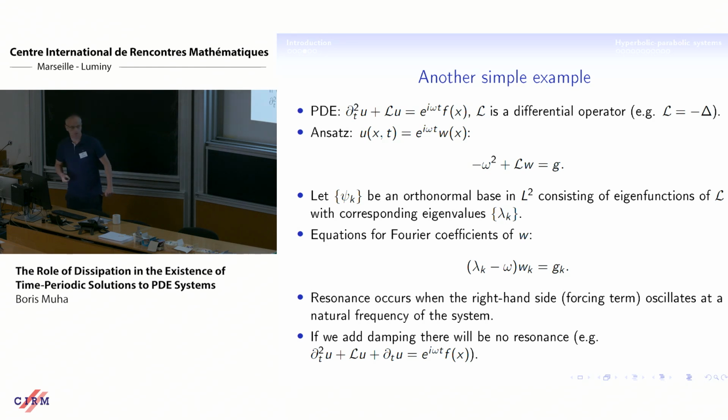And what we also saw in this very simple example is that when you have dissipation, then you will have a time periodic solution. In the wave equation with zero forcing, you have many time periodic solutions, because it's a wave equation, so you have all these cosines and sines. But in principle, if you hit the right frequency, then you don't have a time periodic solution.